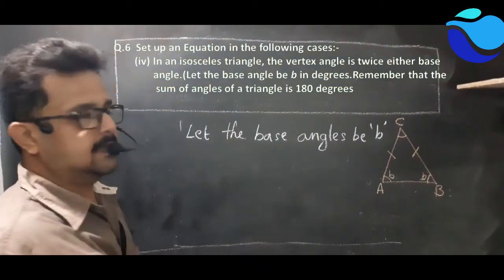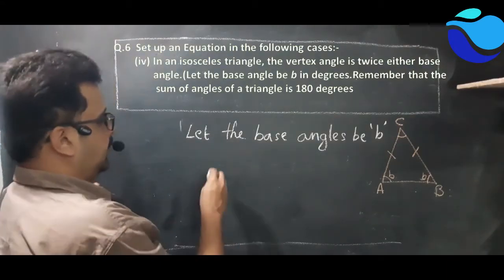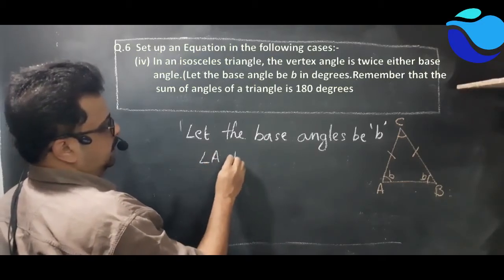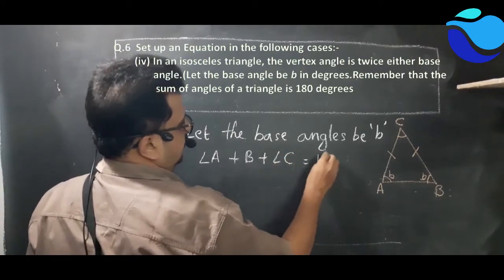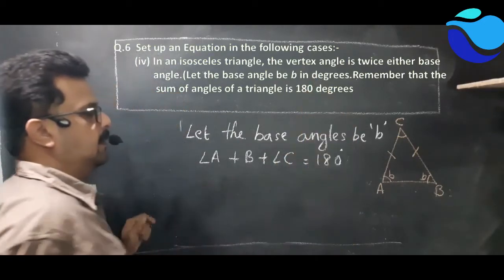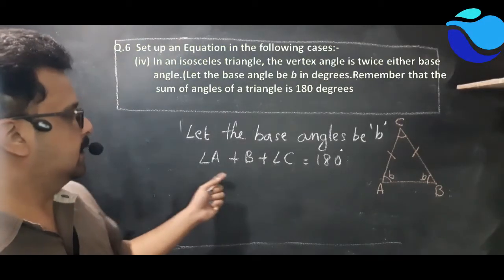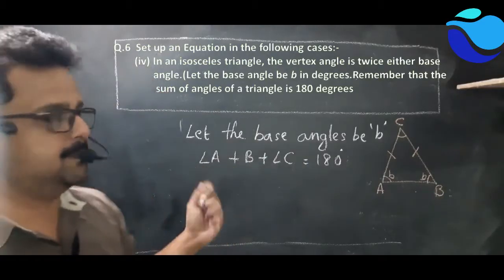So before that, let me write the angle sum property of a triangle. Angle A plus angle B plus angle C equal to 180 degrees. When we add all these three angles, we should get 180.